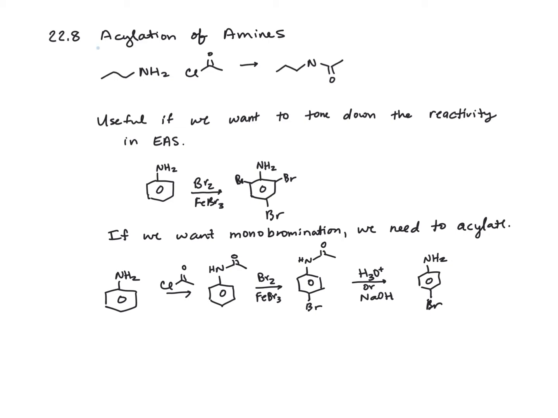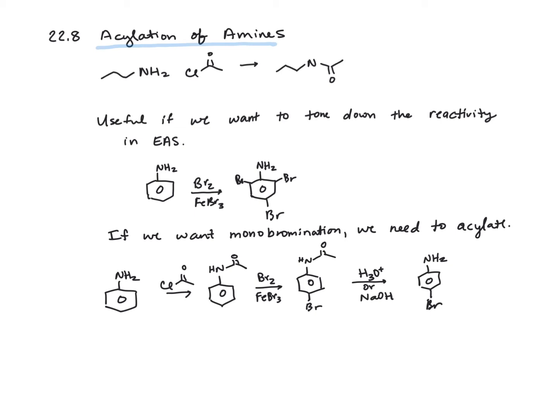Next, we're going to discuss the acylation of amines and how it's useful in multi-step reactions. If we take an amine and an acid chloride and combine them, then we get an amide product.